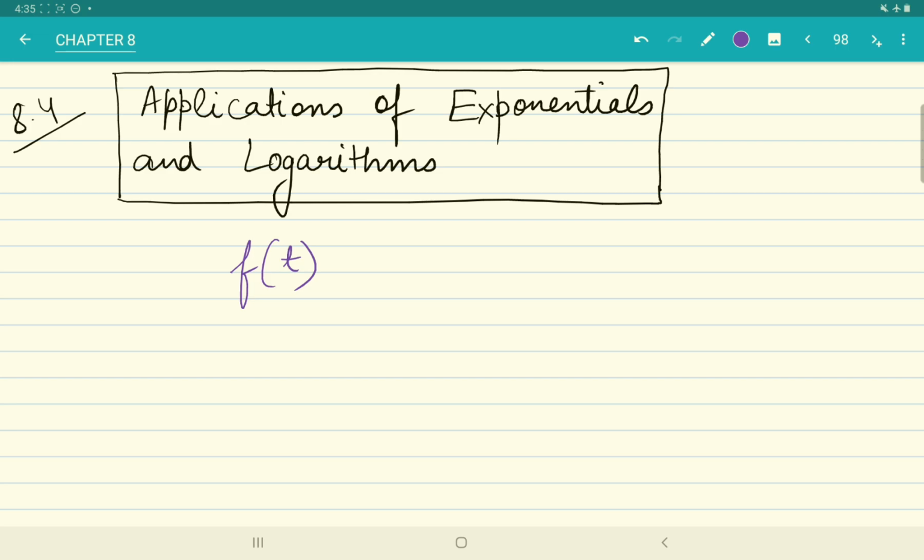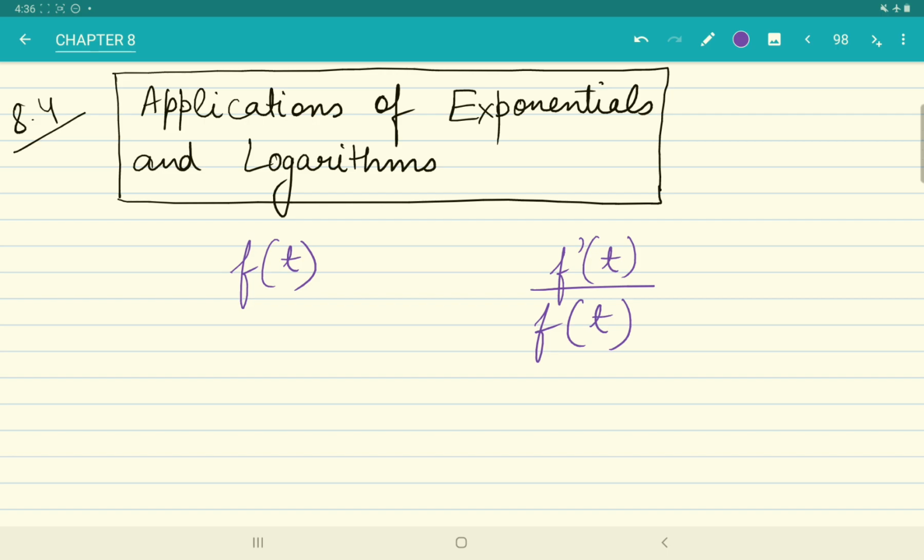I know that if I think of the ratio f prime t by f of t, we have done this earlier, this is the relative rate of increase or the proportional rate of increase of that stock at time t.